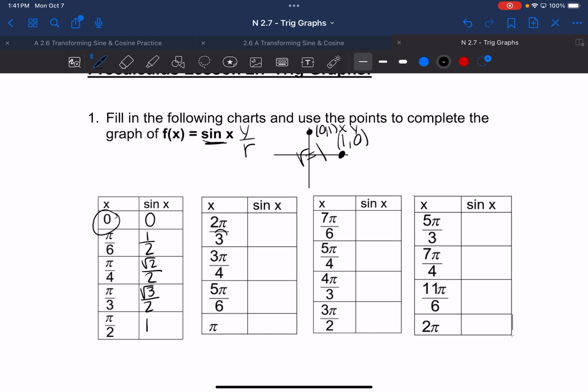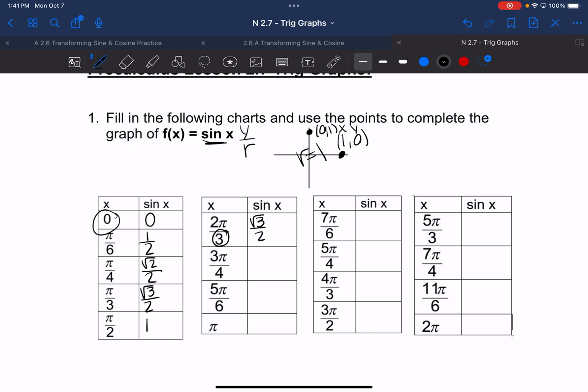For this one, 2 pi thirds, that 3 in the bottom tells us that our reference angle, or our distance from the x-axis, is pi thirds, or 60 degrees. So that's this finger. So what's that ratio? Right. So we got square root of 3 over 2.